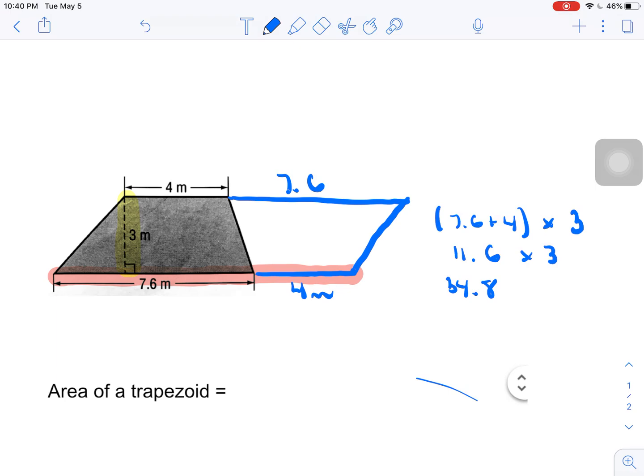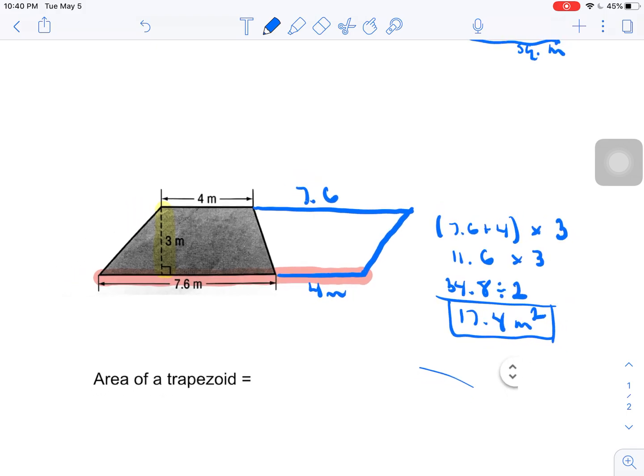So to get just one of those 2 trapezoids, I'm going to have to take this and divide it by 2. If we divide that by 2, then we get 17.4, and we're measuring in meters, so square meters. So that would be our area.